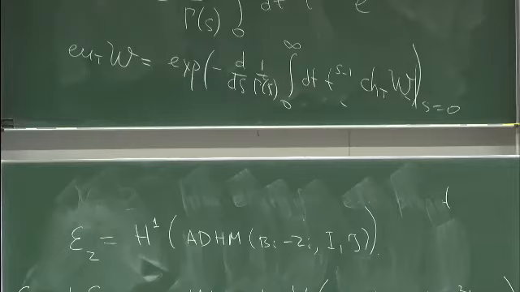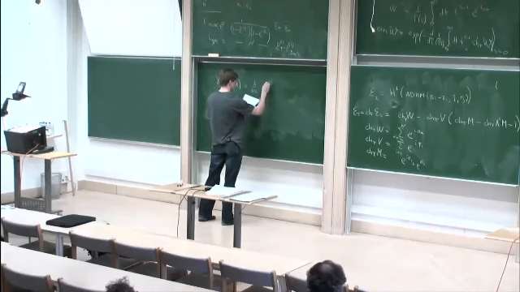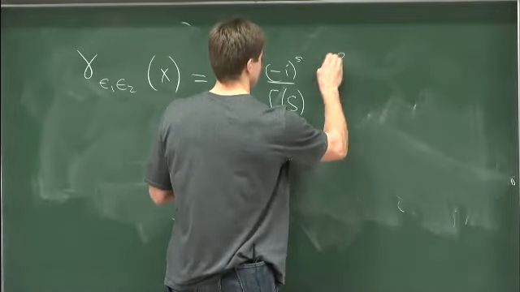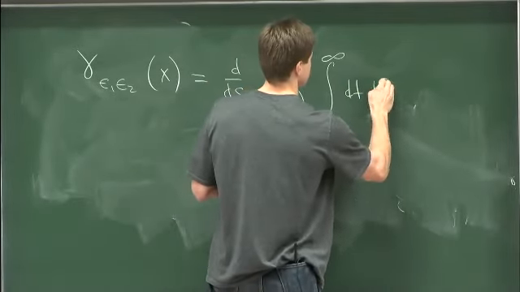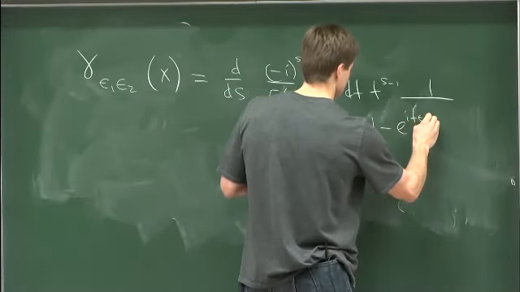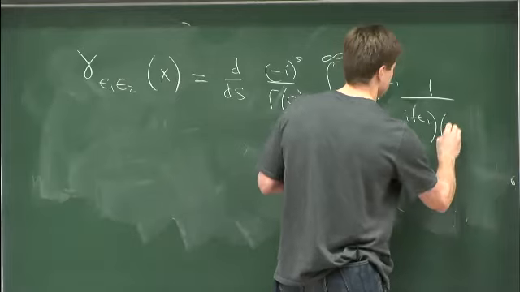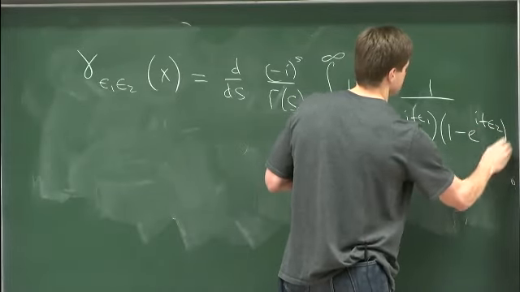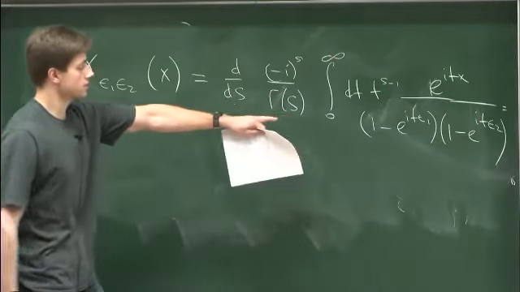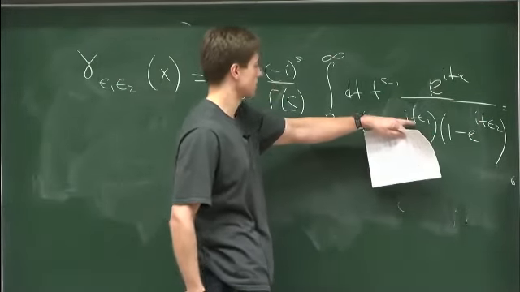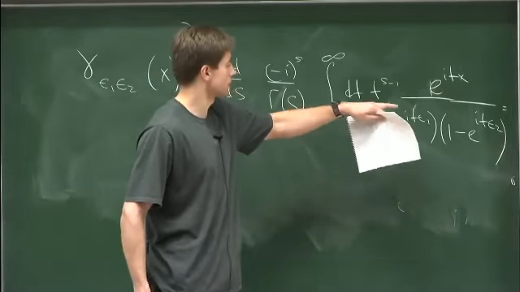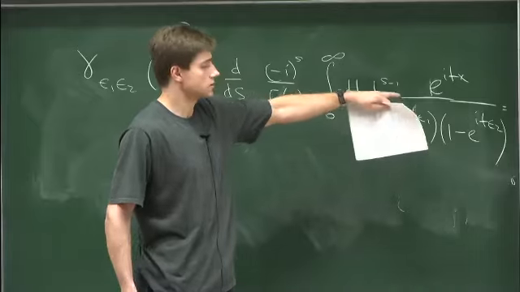So this is an analytic continuation of the following integral: 1 over gamma of s, dt t to the s minus 1, 1 over (1 minus e^{-iε1 t})(1 minus e^{-iε2 t}), e to the i t x. So if you expand that in Taylor series, the denominator, assuming that, let's say, t has a positive imaginary part, then you can expand and the expansion converges and integrate each term.